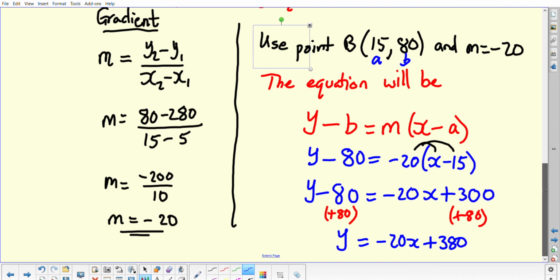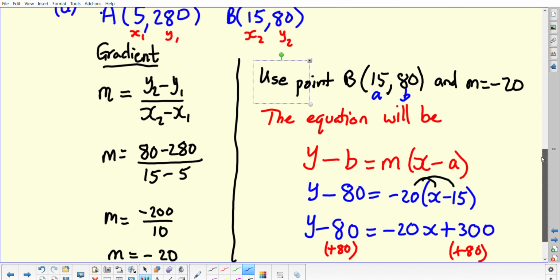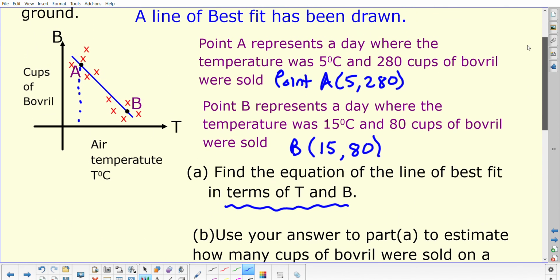380. However, if you go back and read the question, sometimes that'll be where you finish, but for this particular question, it's not x's and y's on the graph, and the question actually tells you you need to get them in terms of the letters t and b.